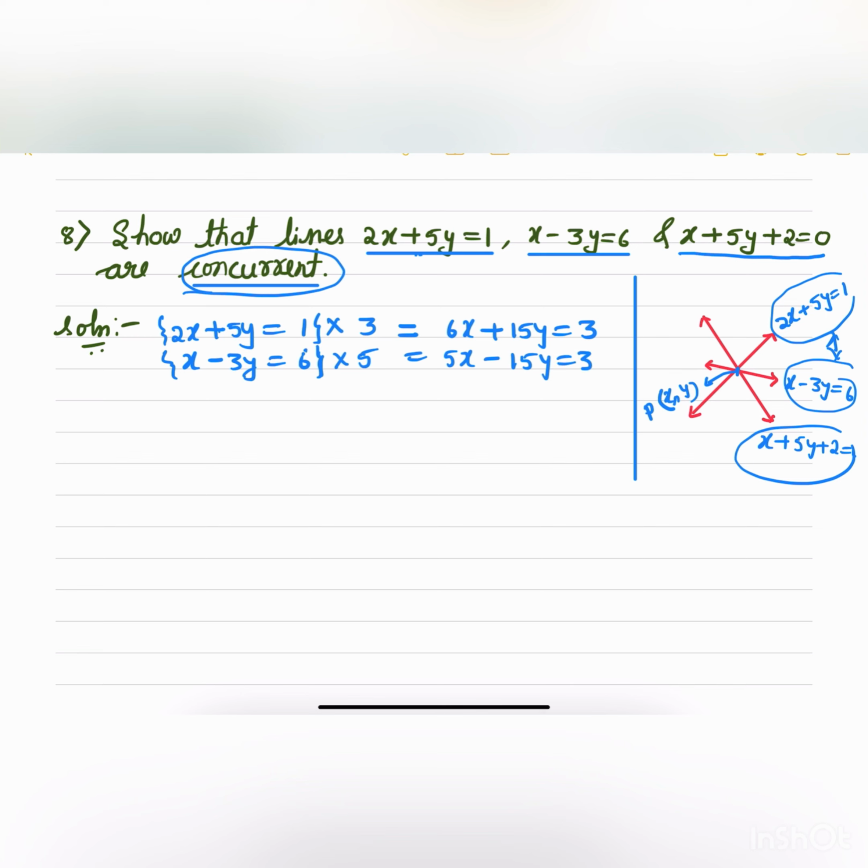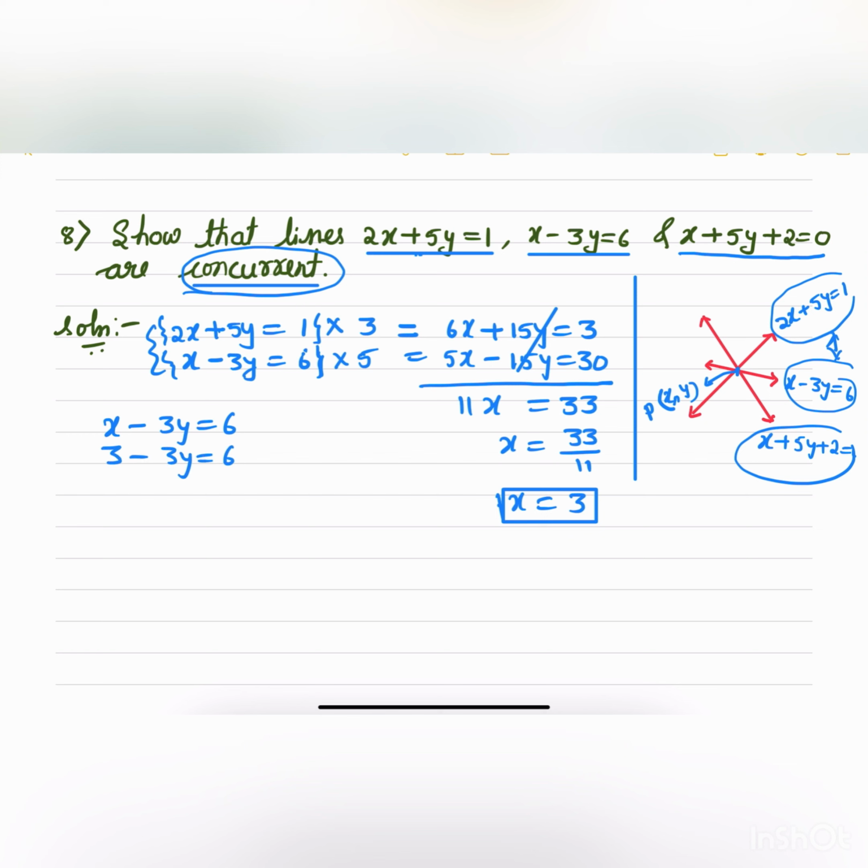So if we add these two equations, 15y minus 15y will be cancelled. 11x is equal to 33. x is equal to 33 by 11. So x is equal to 3. Now we got x as 3, and substituting this value in either of these two equations, I will take the second equation, x minus 3y is equal to 6. x is 3, minus 3y is equal to 6.